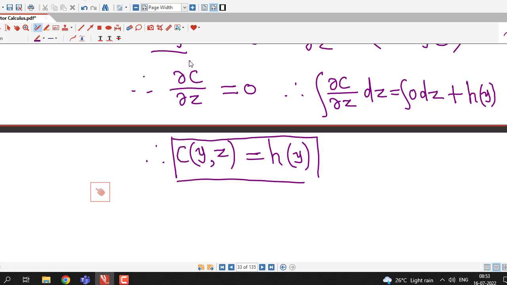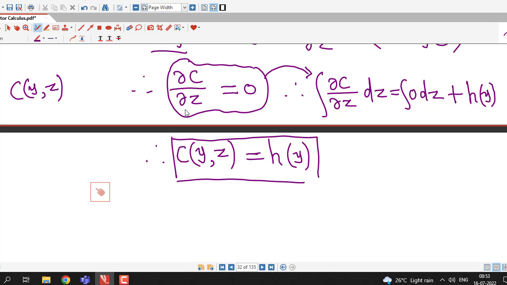I repeat again, here we obtain that partial derivative of c with respect to z is 0. Now we integrate this equation both sides with respect to z partially, and because c is a function of y and z and we are integrating with respect to z, we will consider y as constant. Therefore the constant of integration can be a function of y also. Therefore we write down h of y here.